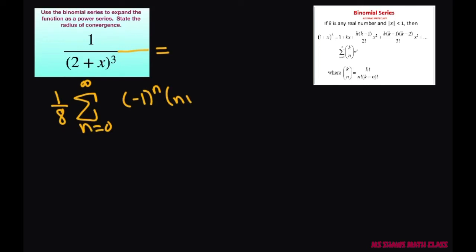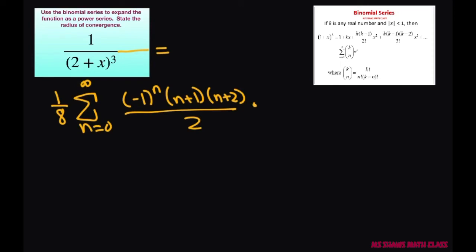This part here equals 1/8 times the sum from n equals 0 to infinity. And we had -1 to the nth power times n plus 1 times n plus 2, all divided by 2.